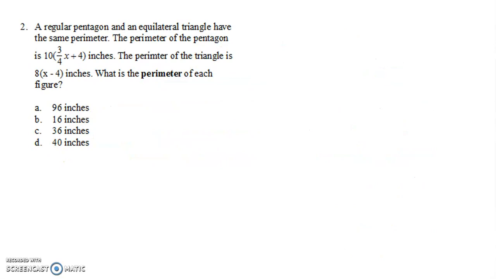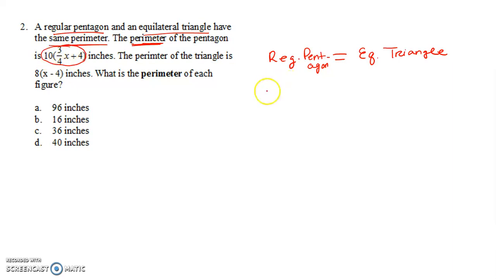Next question. A regular pentagon and an equilateral triangle have the same perimeter. That tells me that they're equal. The perimeter of the pentagon is 10 times quantity 3/4 x plus 4, so I'm going to write that right underneath here.